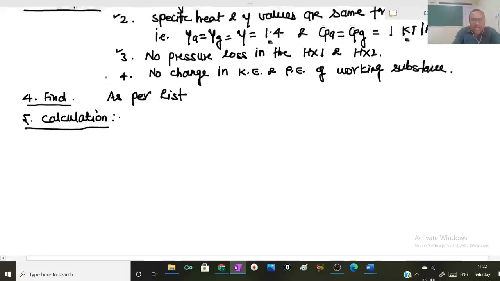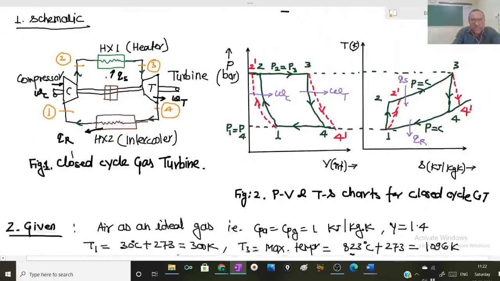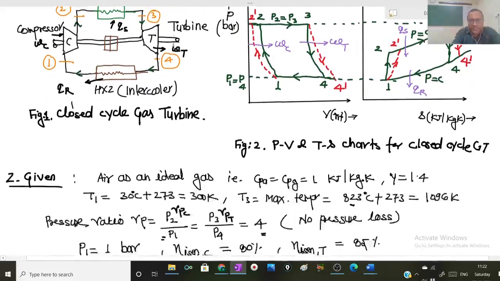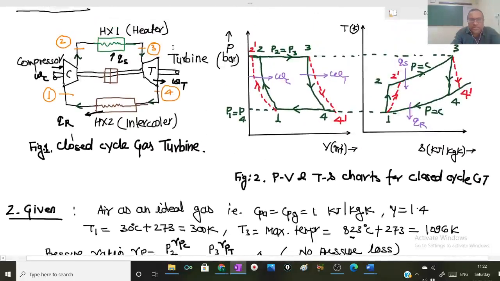So I will be starting with the process 1 to 4 first. It is always suggested you go process by process. First consider 1 to 2, 2 to 3, 3 to 4 and 4 to 1. As you can see here, process 1 to 2 is isentropic compression and process 1 to 2 dash is actual compression.